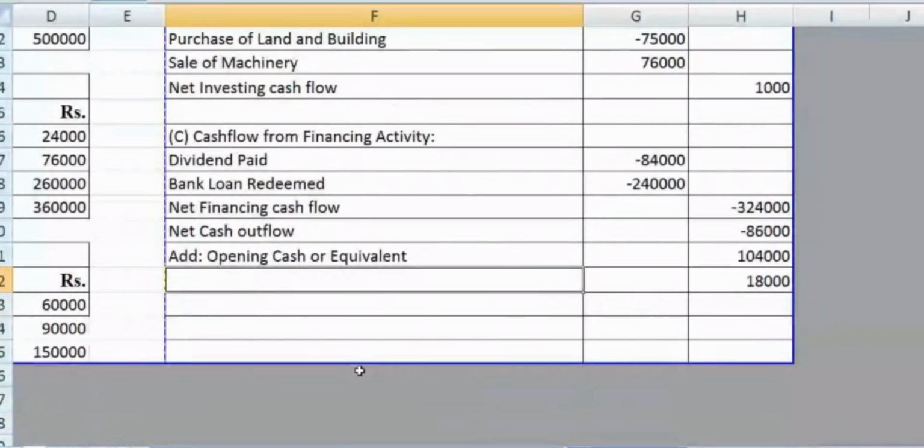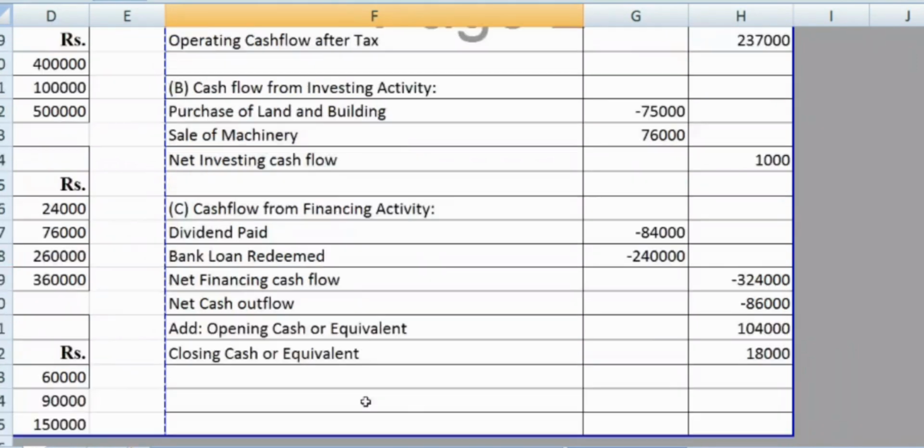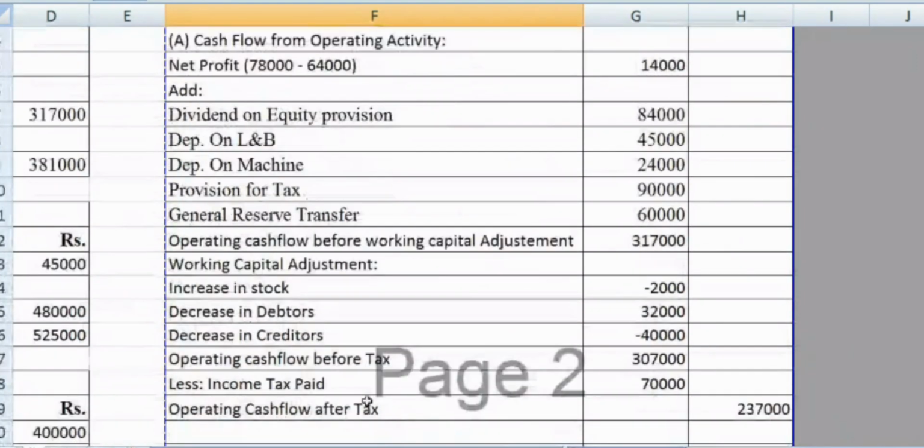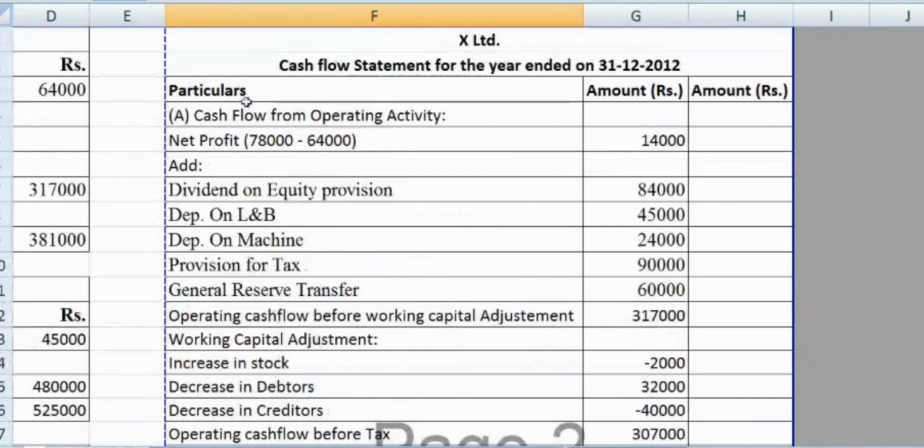So here we write closing cash or equivalent. Perfect. So this is your cash flow statement. Correct? Is there any doubt, any confusion? You can ask.